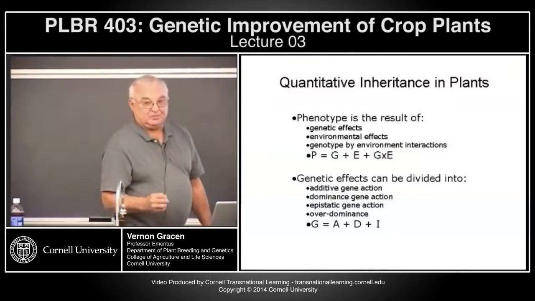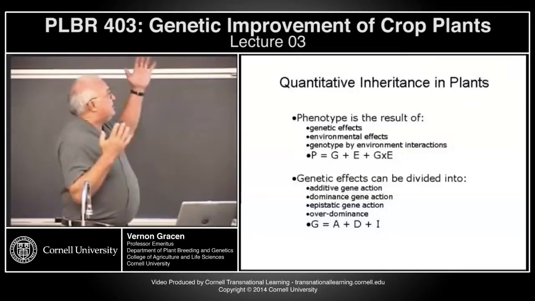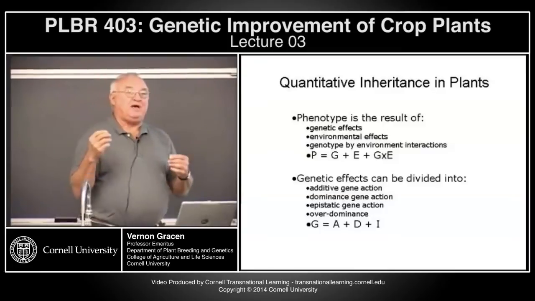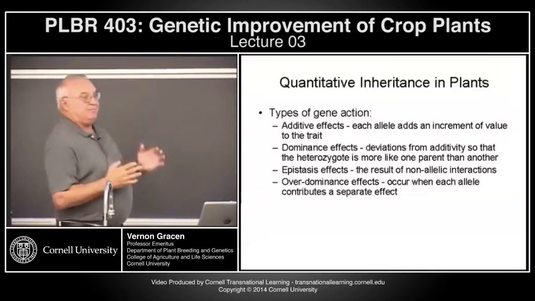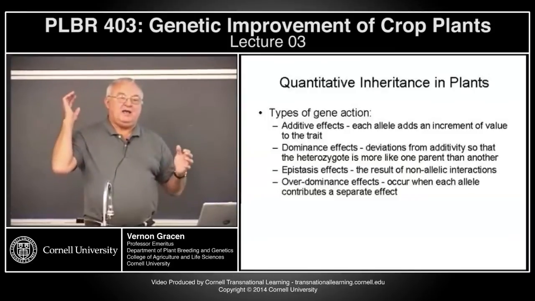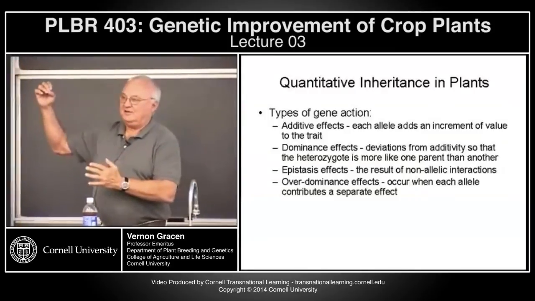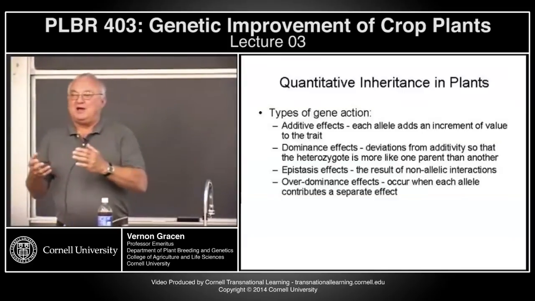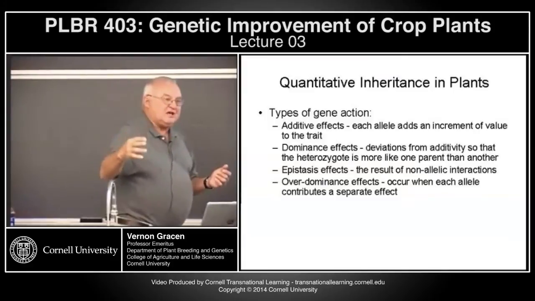Quantitative inheritance. These are characters that are controlled by more than one or two or three genes. Sometimes controlled by as many as 10 or 15. Usually controlled by somewhere in the range of 3 to 5 to 7.